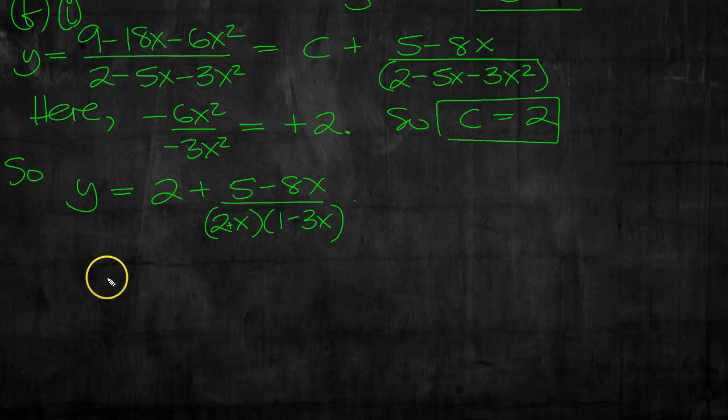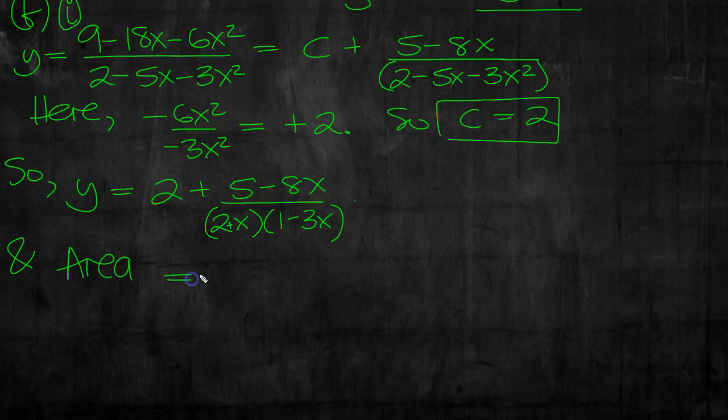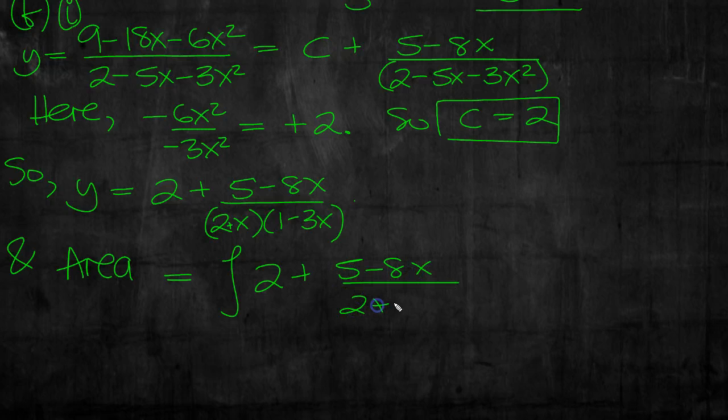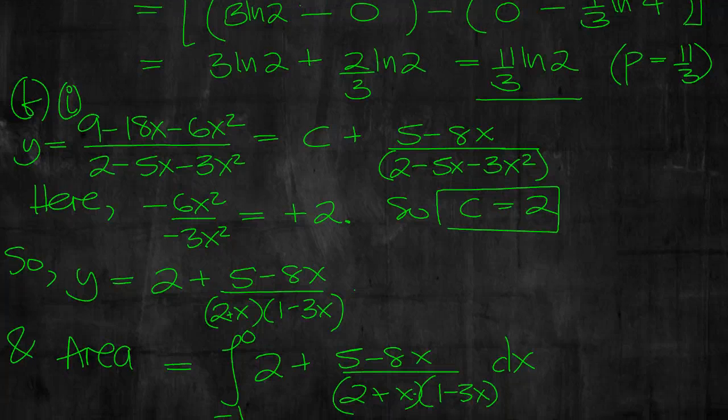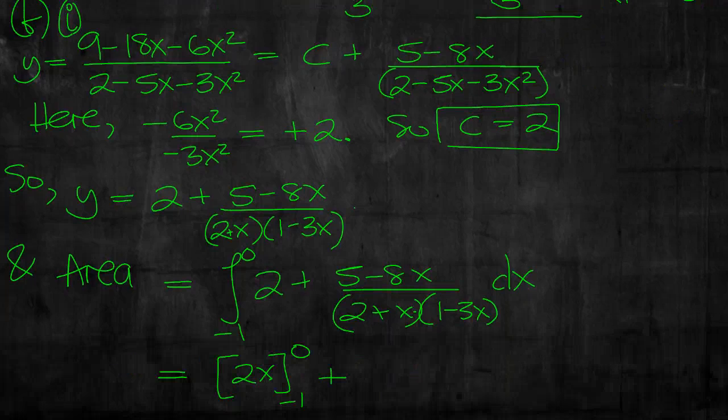So we got y, so the area is equal to the integral of this dx, between minus 1 and 0, which equals, well, integrate this, you'd get 2x between minus 1 and 0, plus the integral of this between minus 1 and 0 we've just worked out to be 11/3 log 2.